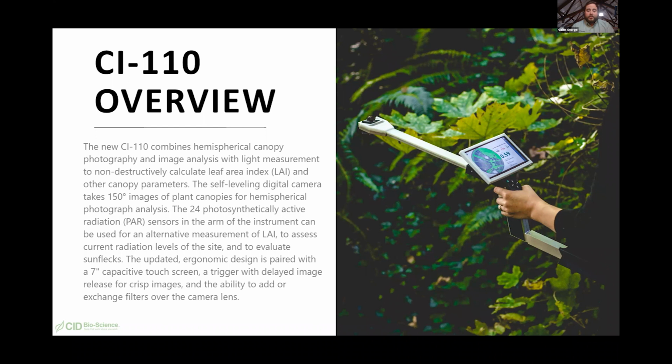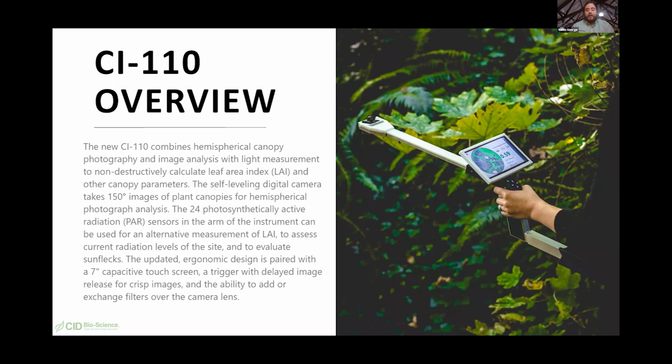And this updated ergonomic design has a 7-inch touchscreen and a trigger that allows you to see either live views and/or an image after you've released the trigger, which actually captures the image to give you these nice crisp images for further analysis.